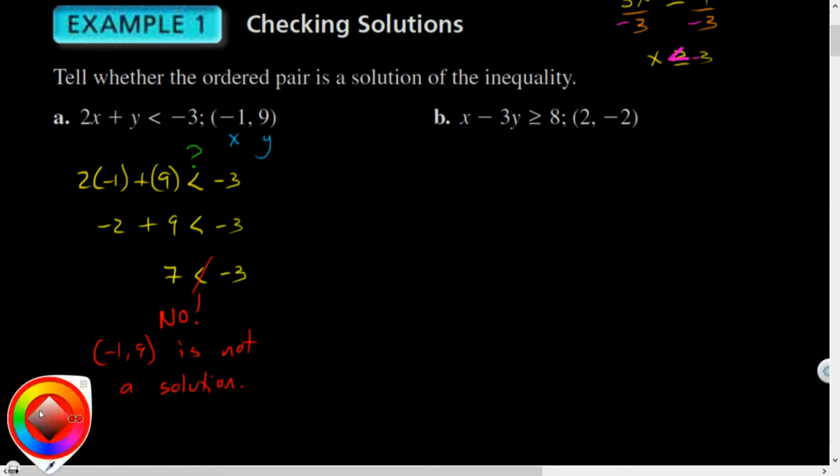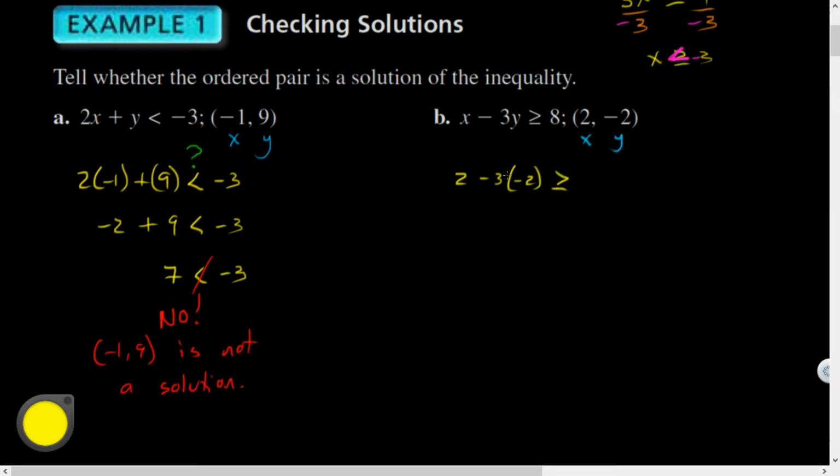Let's try this next one. So here's a point, an x comma y, and I want to know, does it make this inequality true? That's what I'm trying to figure out. So let's plug in 2 for x minus 3 times negative 2 for y. Careful with that double negative. I threw parentheses just to be safe. I've just plugged in x and y, right?